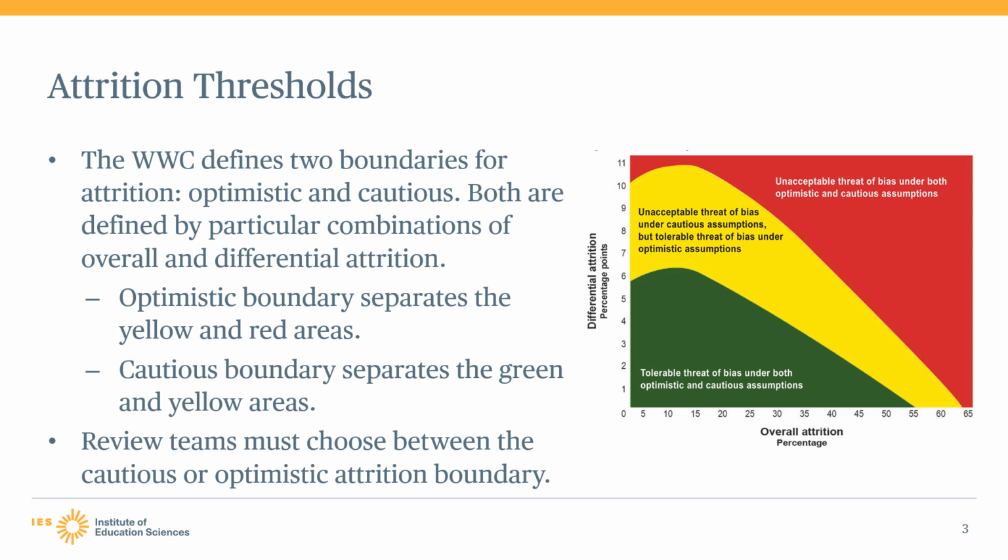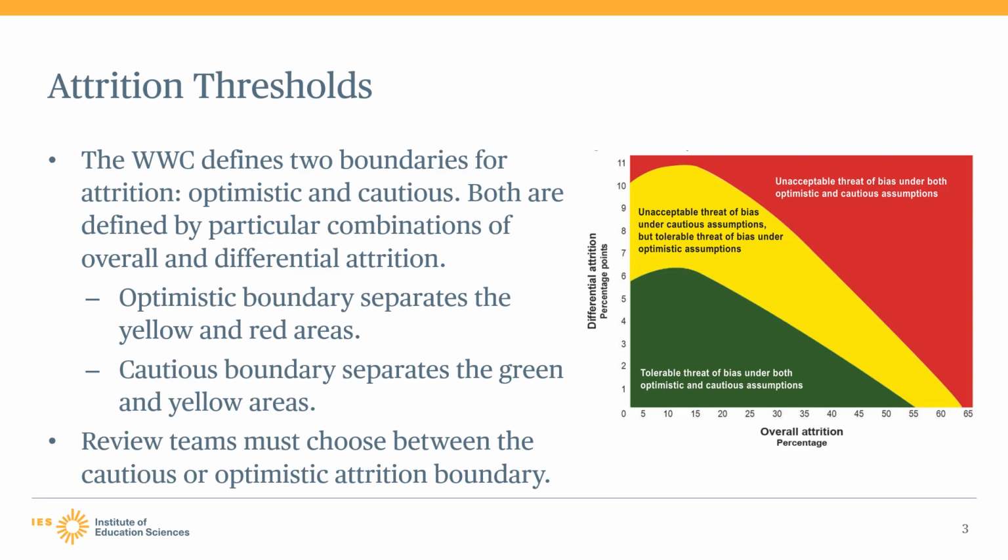The WWC chose 0.05 standard deviations as the threshold for an acceptable or tolerable level of bias, and used these to create the attrition thresholds shown in the figure displayed here. The WWC's attrition boundaries identify combinations of overall and differential attrition that separate what the WWC defines as high or low attrition. The WWC uses this model to define two boundaries for attrition: an optimistic boundary and a cautious boundary.